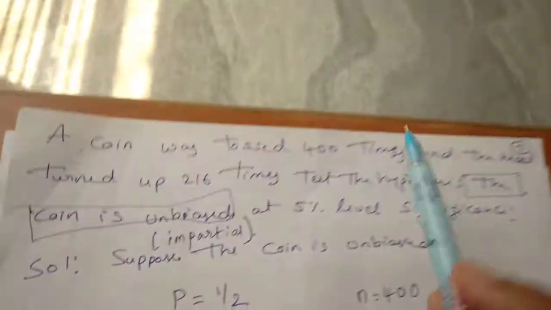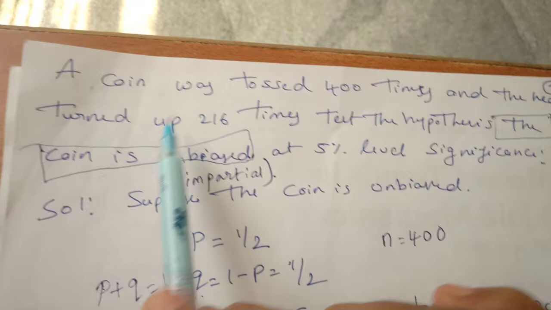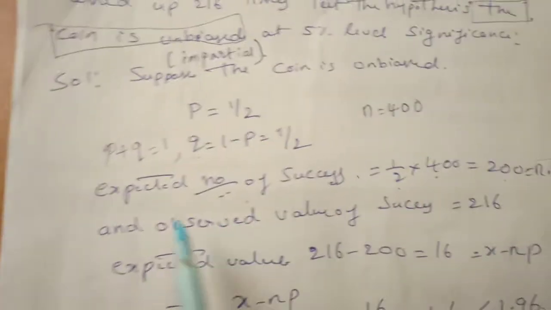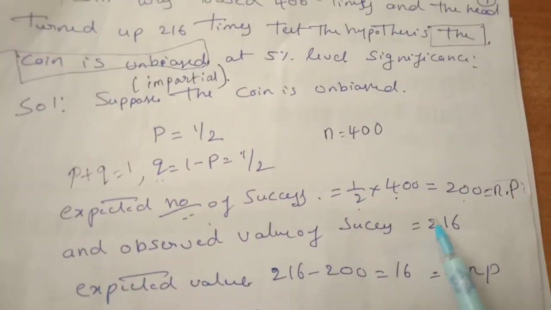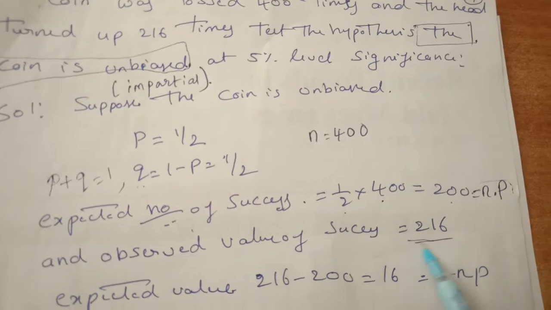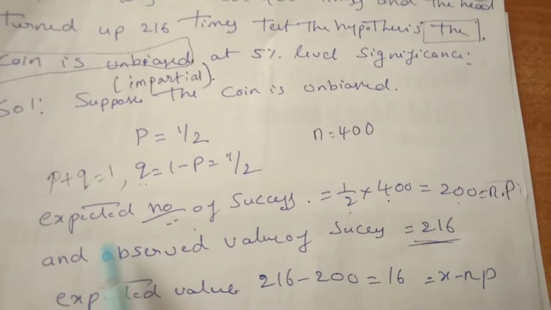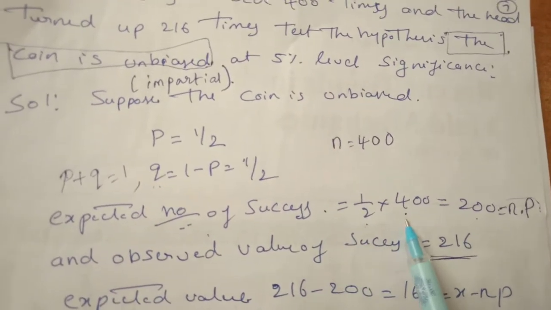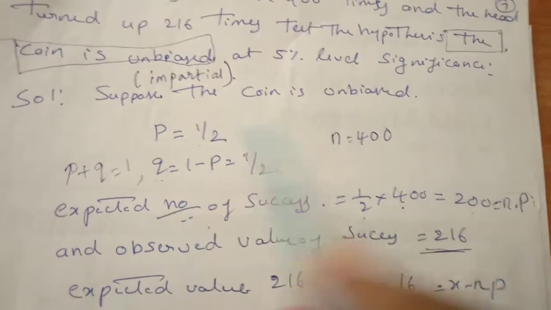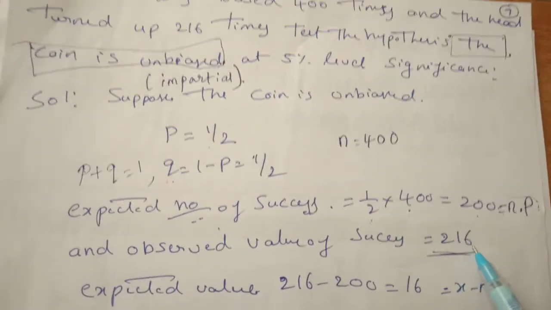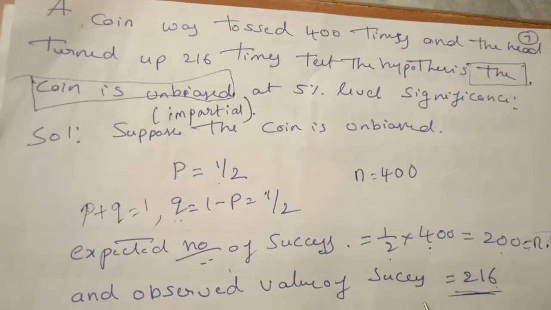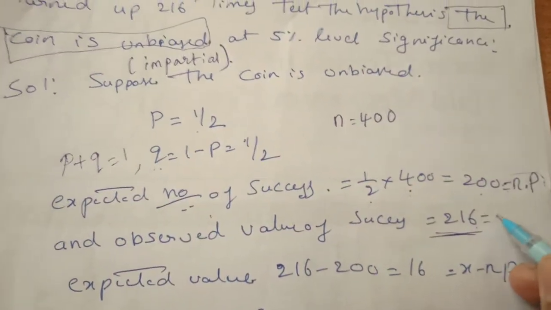But in the given problem, what is the head turn up? 216 times, that is the observed value of success. This is the value given in the problem. 200 is the expected number of success that we calculated depending on the probability of success, and this 216 is the observed value of success given in the problem. This is your x bar.